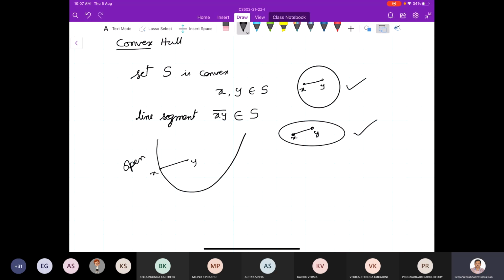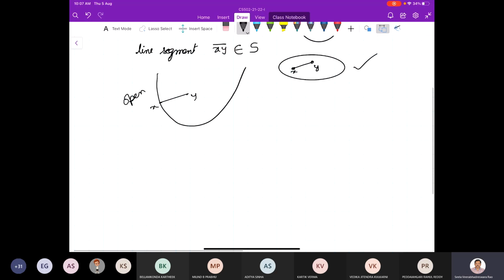Okay, so which objects are not convex? For example, you take a polygon like this. Suppose you take a point X and Y like this, and if you join them, this part of the line segment is not inside this object.